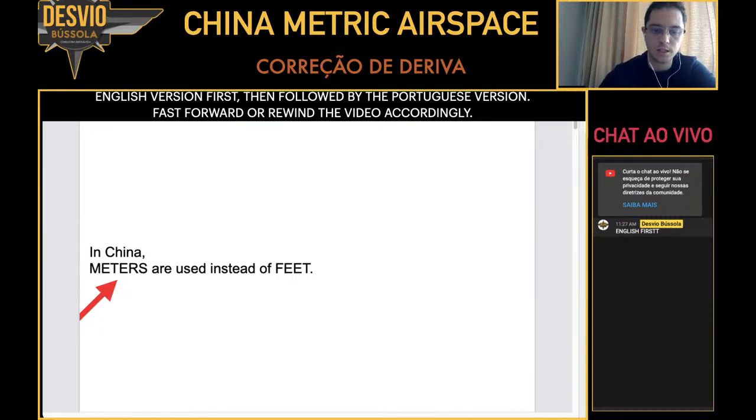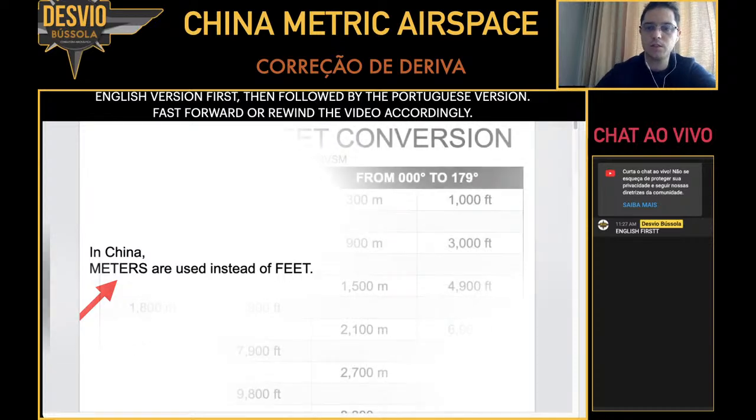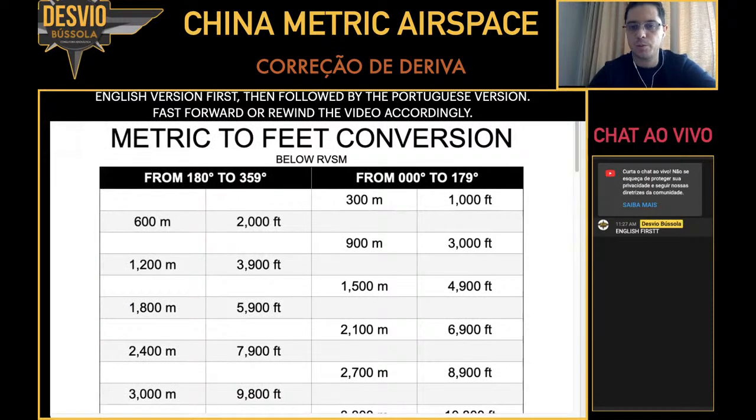So basically how it works, what I will show you now is a metric to feet conversion table. So here it is. We have, for example, this metric to feet conversion table. This table was designed by myself, and I'm going to show you a few things.